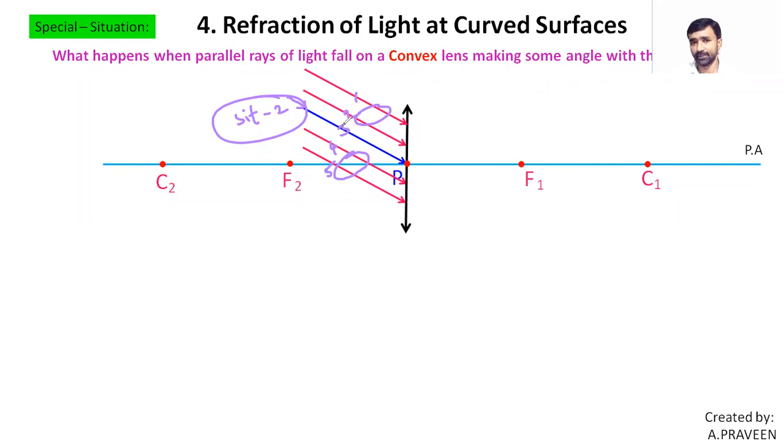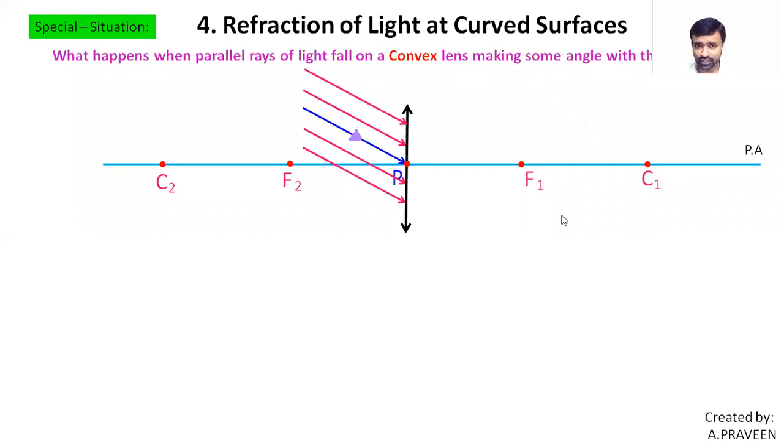See here, third ray. It is passing through pole. What is its behavior? This light ray after refraction, will it deviate from its path? Yes, undeviated. Remains undeviated. Okay.